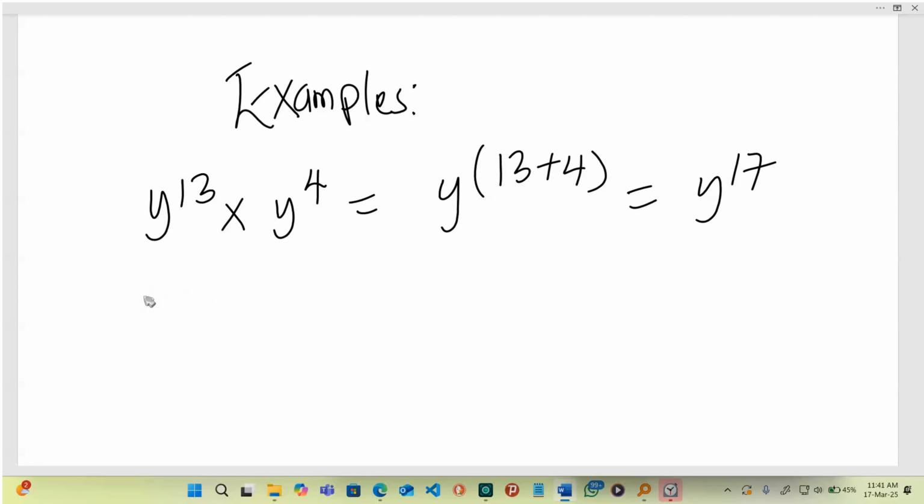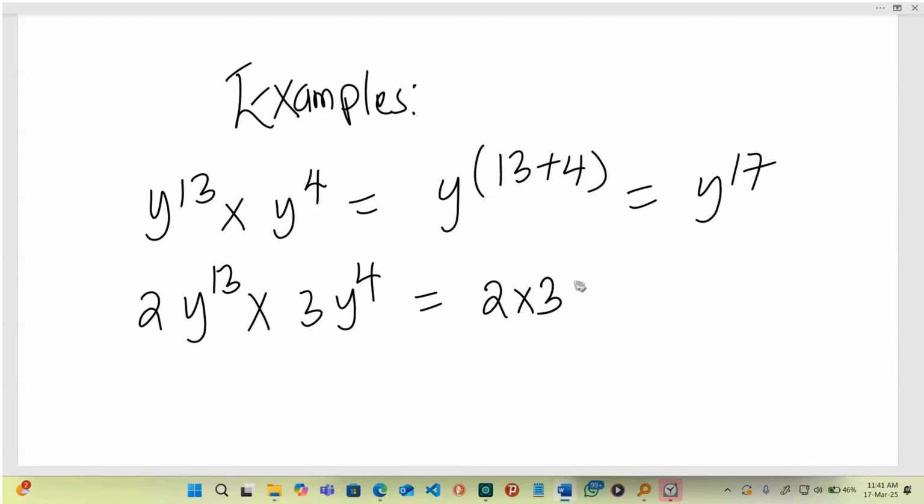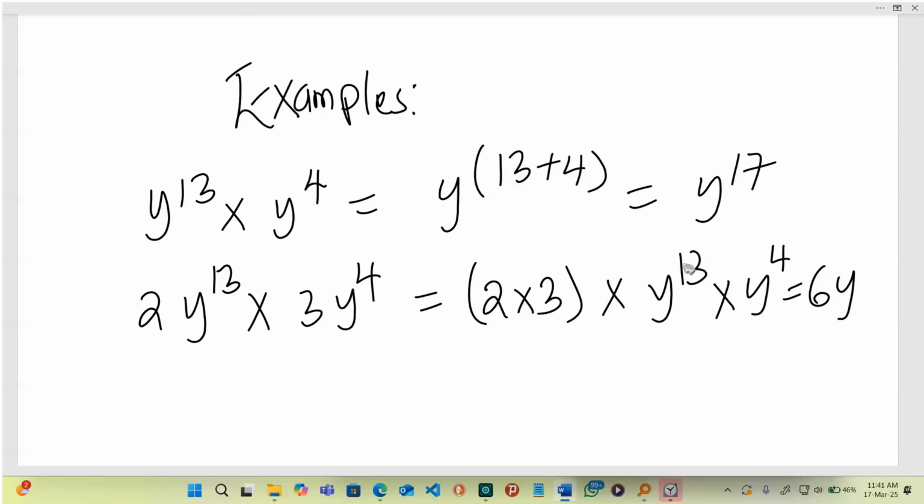If I have 2 times y to power 13 times 3 times y to power 4, this is the same as saying 2 times 3 then times y to power 13 times y to power 4, which is the same as saying 6 times y to power 13 plus 4, so this becomes y to power 17.